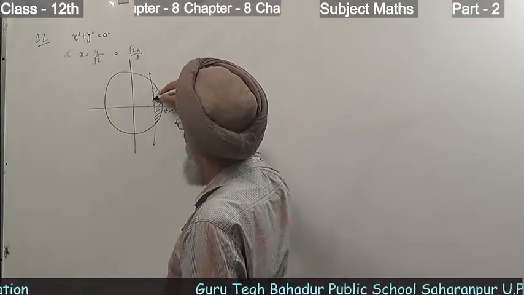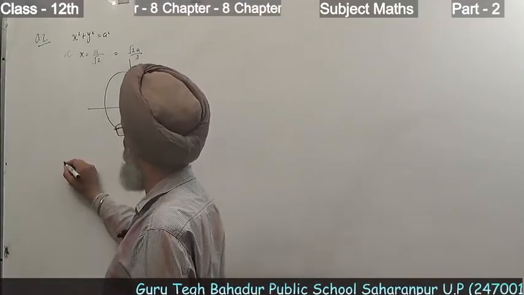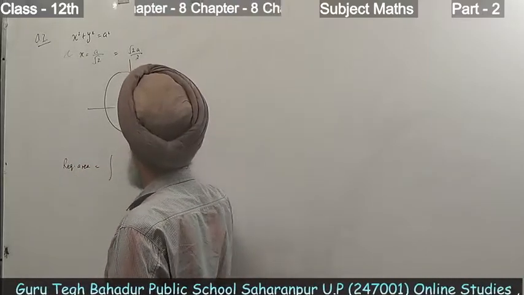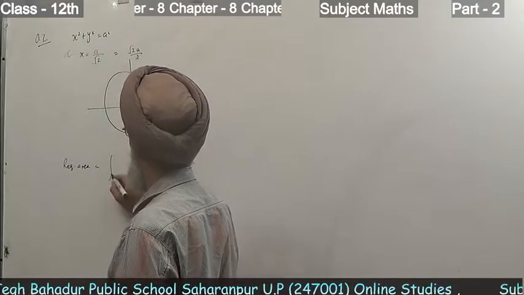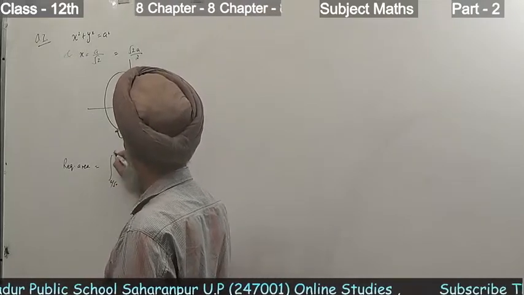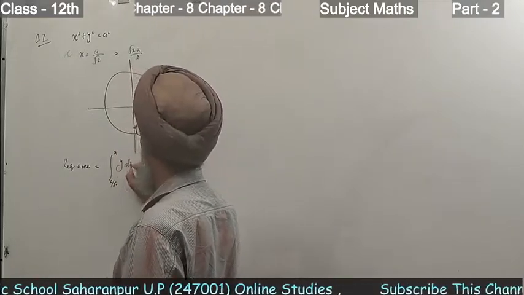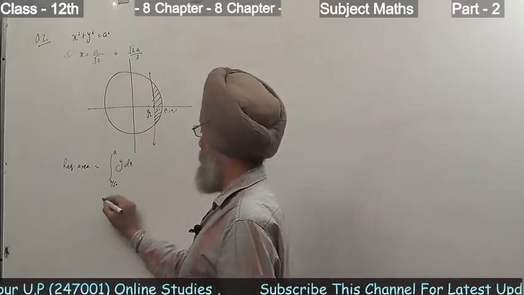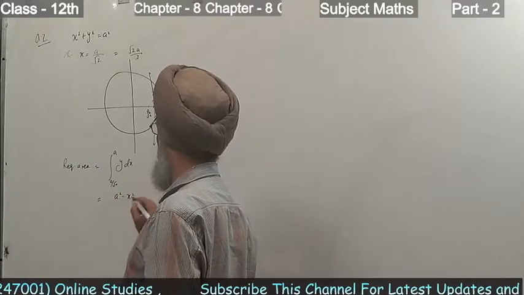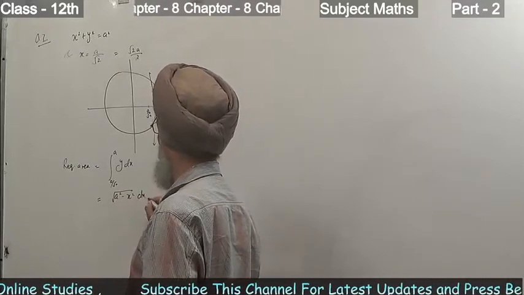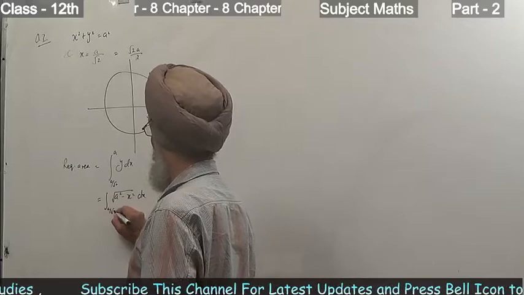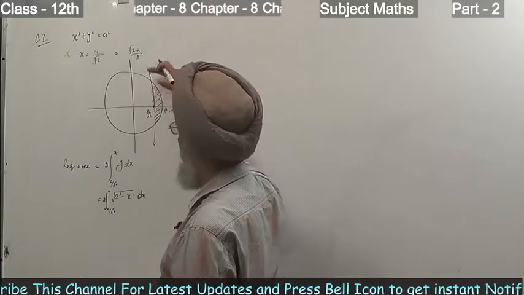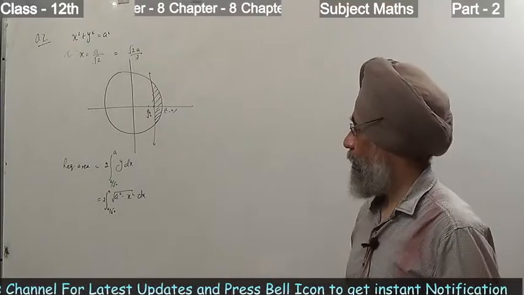ठीक है, क्या लेंगे इसमें? रिक्वायर्ड एरिया is given by, this is a by root 2 to a, y dx, because we are taking the limits of x here. Placing the value of y in terms of x, it is root of a square minus x square, from a by root 2 to a, 2 times, because it is symmetrical about the x axis, ऊपर नीचे symmetrical है तो 2 times हो गया.